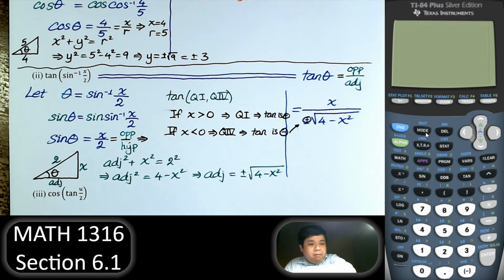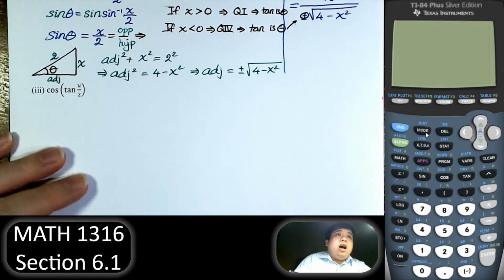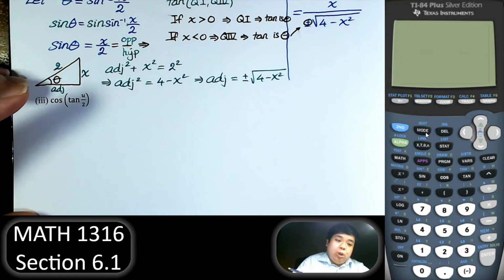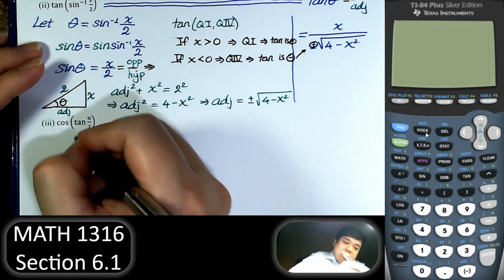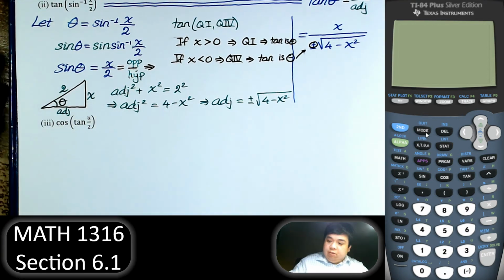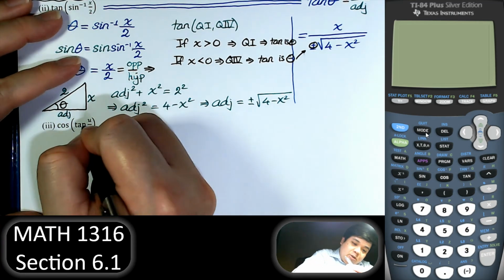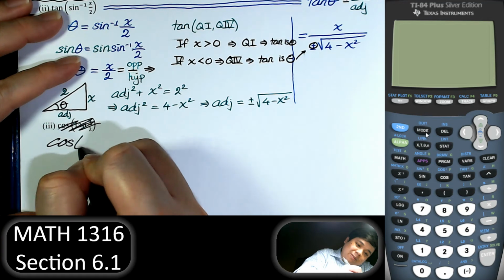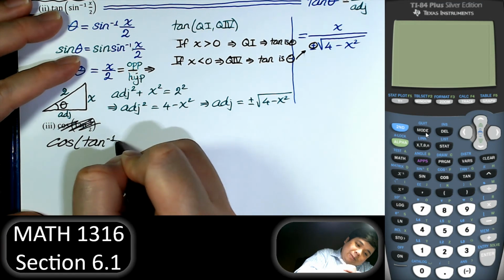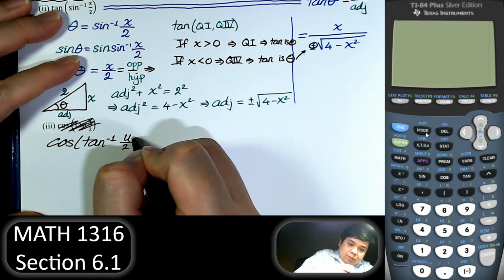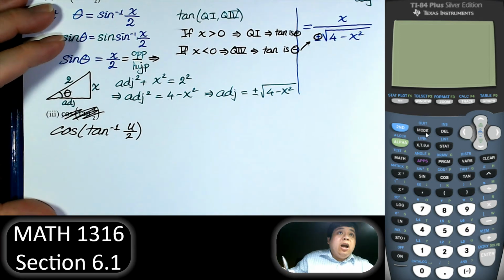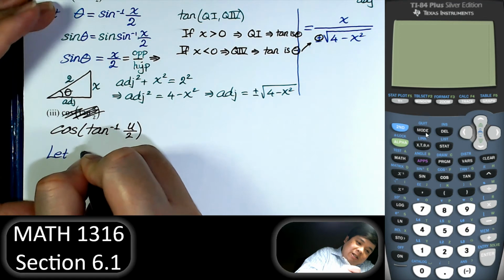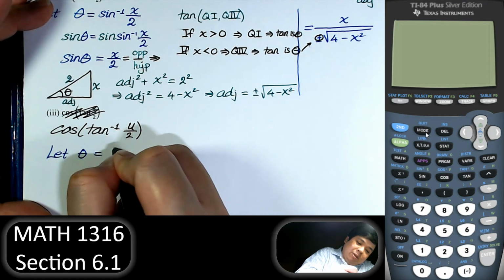Now, cosine of the tangent inverse of u over 2. So let's just write once again. Obviously, this is a typo. I will let the tangent inverse be an angle.